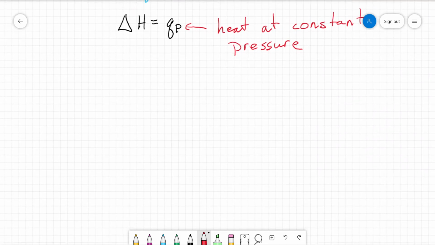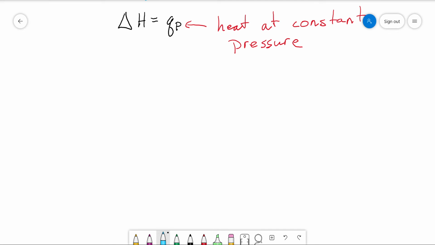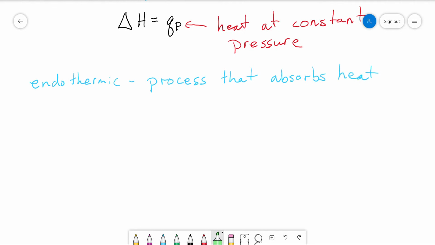Okay, so let's talk about heat for a second and a couple terms associated with heat flow. One is endothermic. Many of you are probably already familiar with this, and I believe I mentioned it. This is simply a process that absorbs heat. And if you want a way to remember it, it absorbs heat, so heat enters the system.